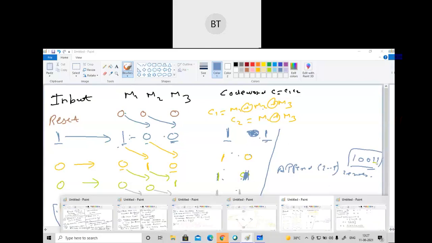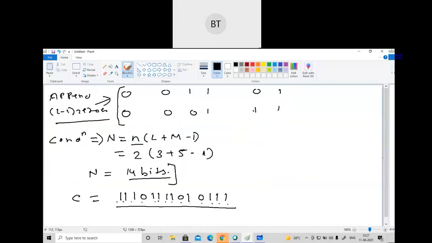So I have added 2 more 0 here. Why have we added? Because one condition is there in the convolution code to find the number of code word. We have to apply this condition, capital N, which will be equal to n into L plus M minus 1. L was given as 3, shift register, M was given as 5, and minus 1. So we have got 14 bits. So a 14-bit code should be there with us.